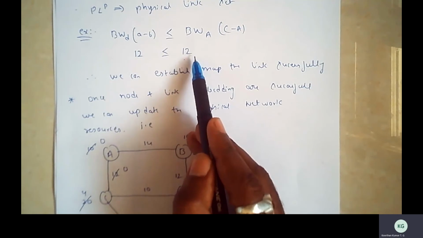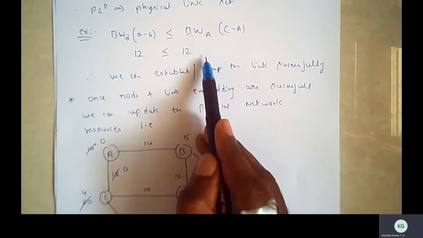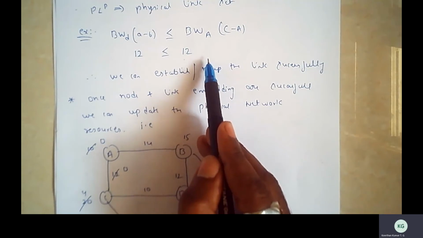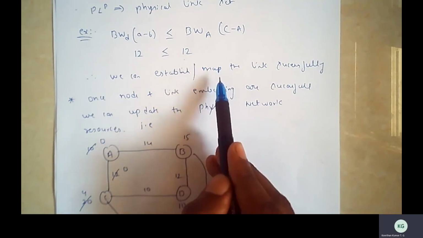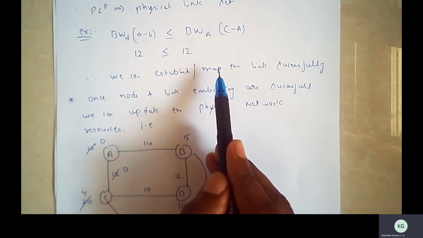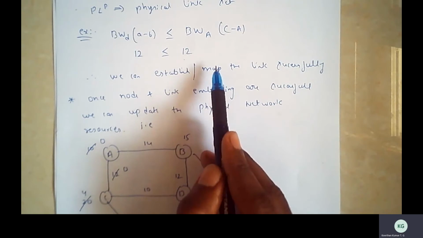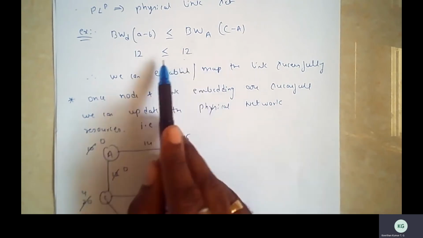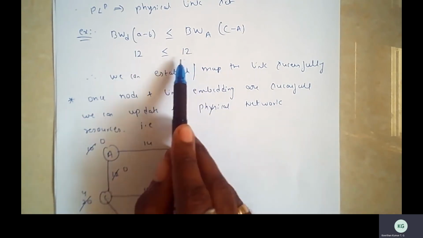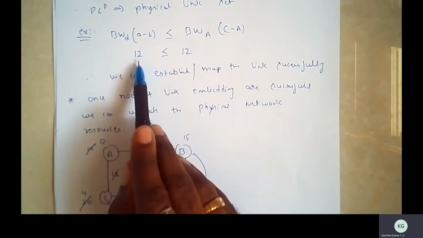At that time I need to look for the alternative path, traveling through multiple physical paths, that is from C to E, then E to B, then B to E, to establish the connection between the C and A nodes. How many physical links do I consume? 1, 2, 3. Three physical links are consumed. But here, because the constraint is satisfied, I used only one physical link to map the virtual link A to B.